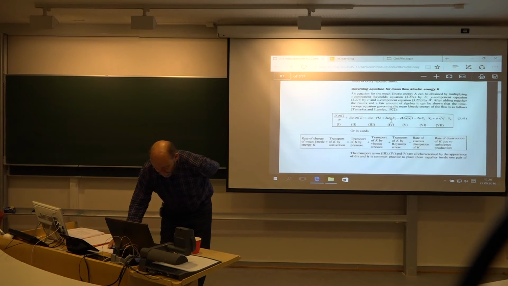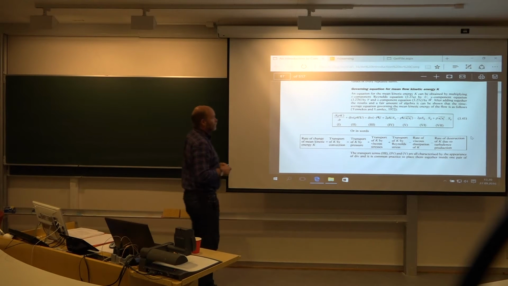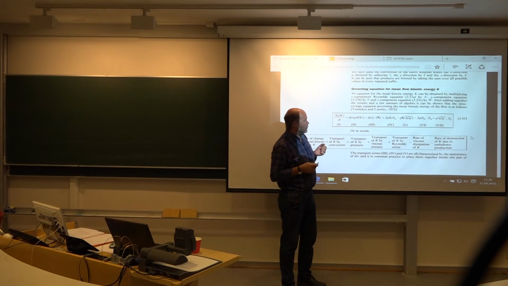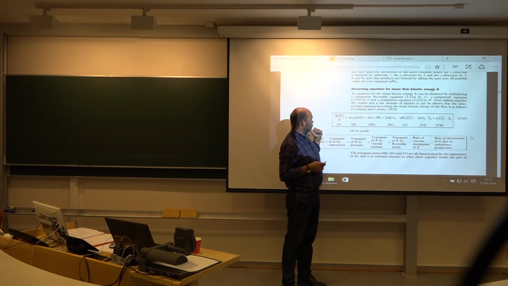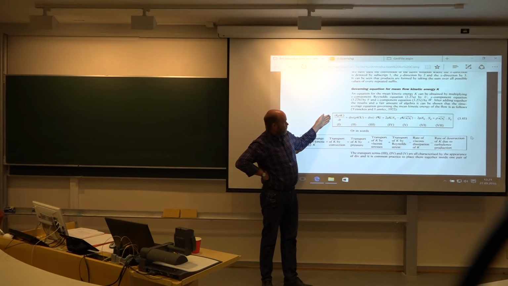Here in the book by Versteeg, he describes how you can do some manipulation with the Reynolds averaged Navier-Stokes, multiply with one velocity component, do a lot of algebra. You can find here a transport equation, a version of the Navier-Stokes, that describes the transport of big K, the total mean kinetic energy.